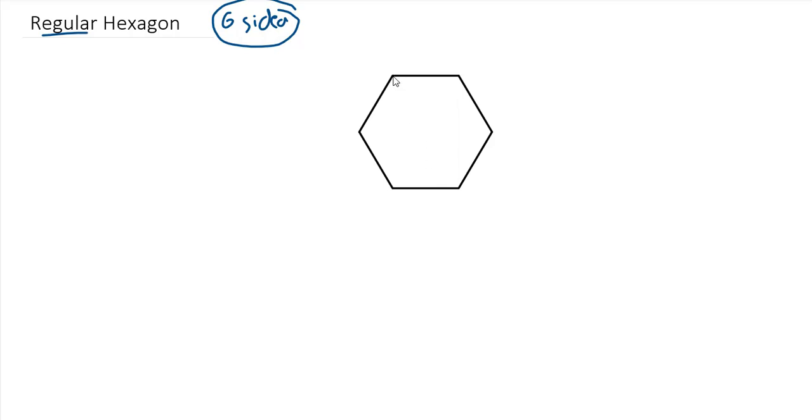If we join all the three major diagonals of a hexagon, then this hexagon will be divided into 6 equilateral triangles. 1, 2, 3, 4, 5, 6.